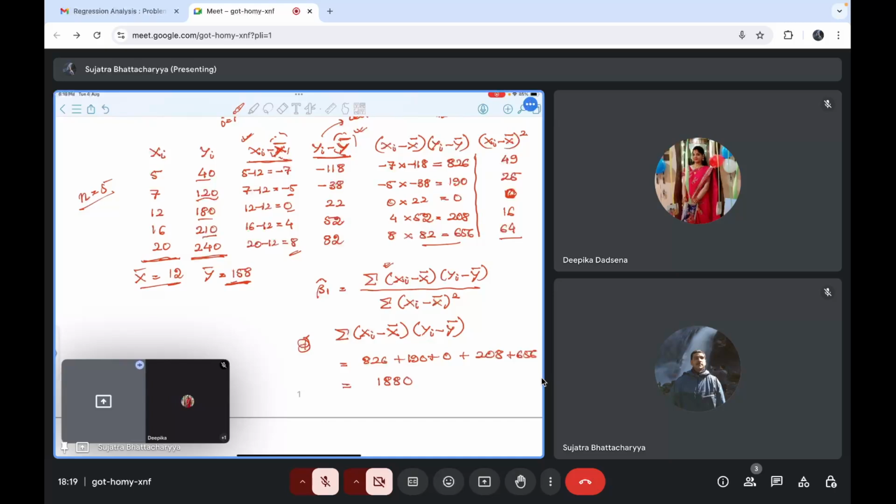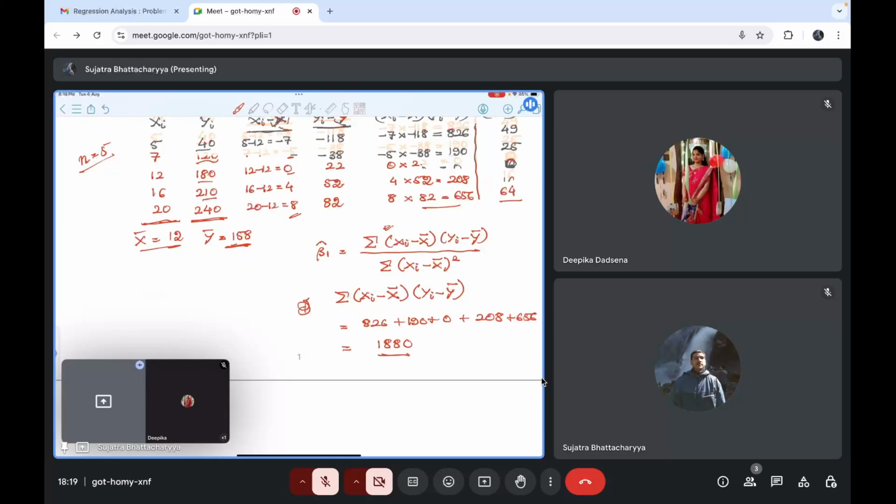Let me check it using a calculator. 826 plus 190 plus 208 plus 656 comes out to be 1880. Right. So this is the numerator part.